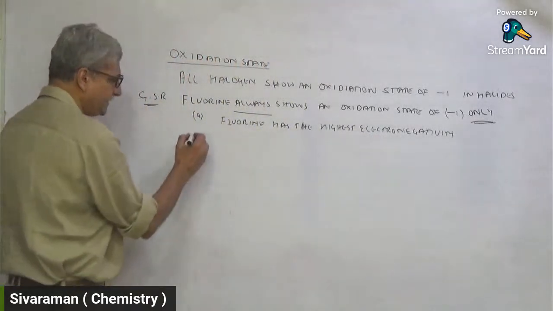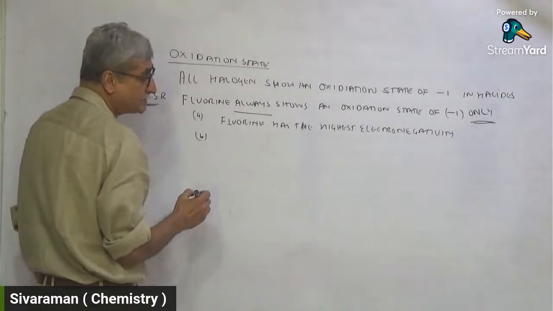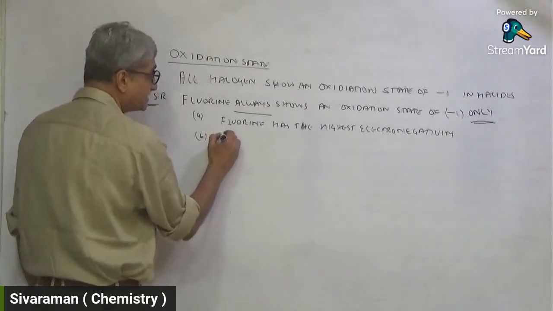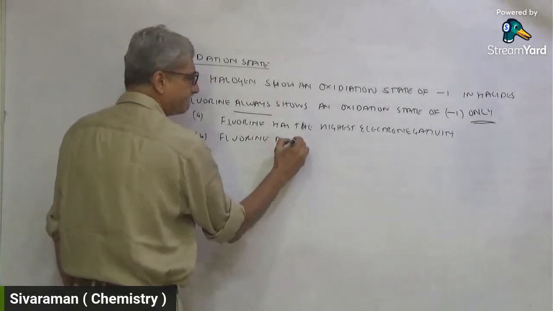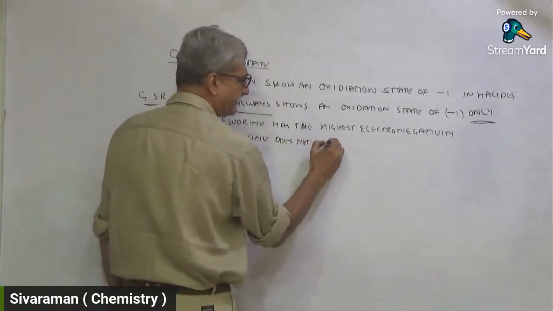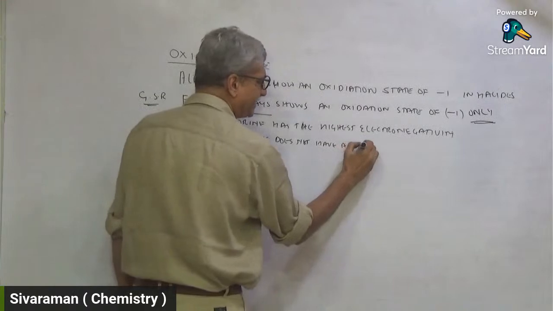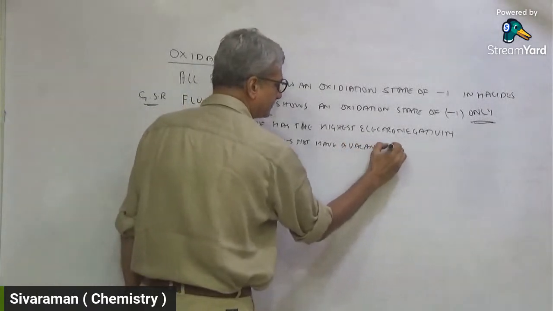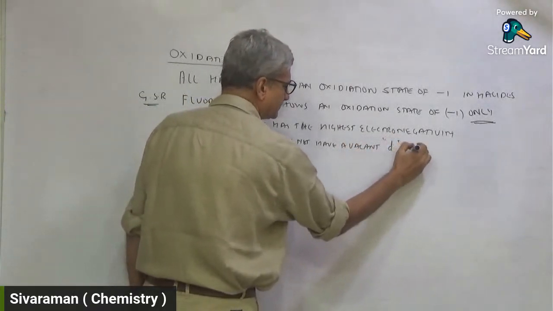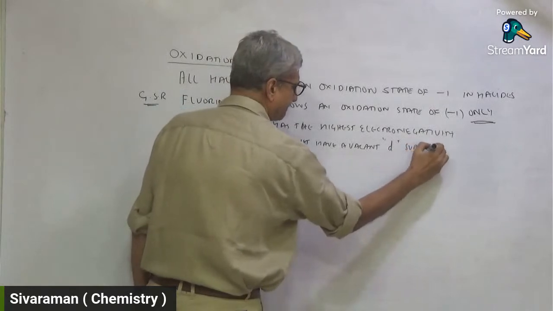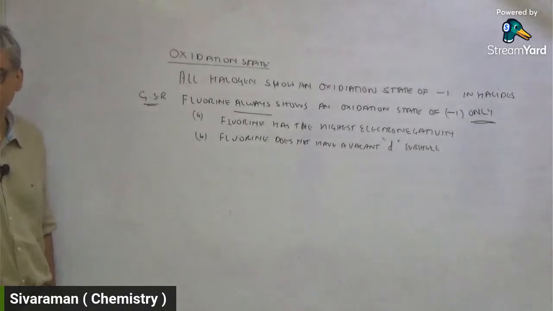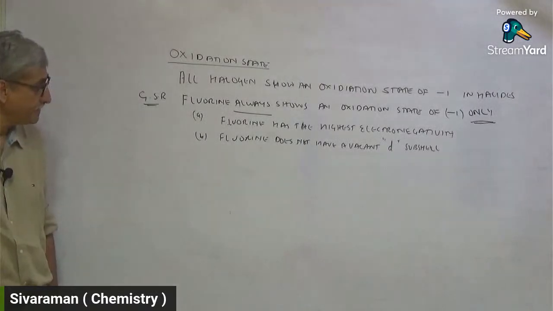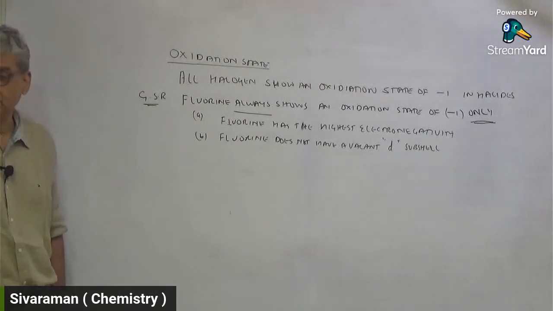B, the reason is fluorine does not have a vacant d subshell. Now, what about the others?